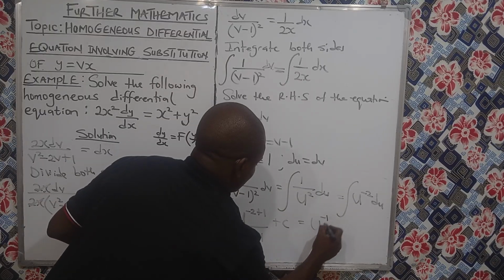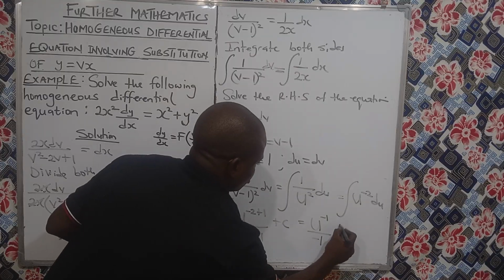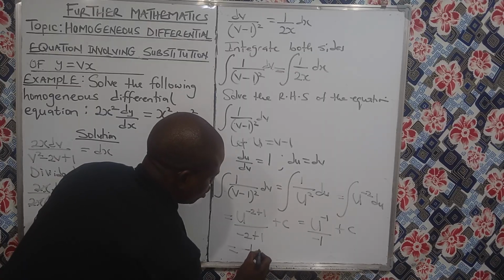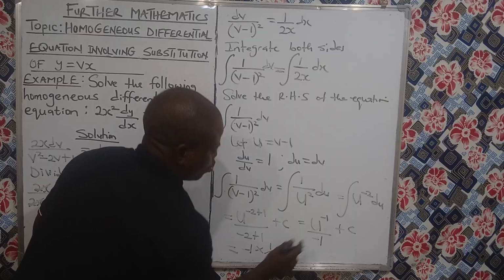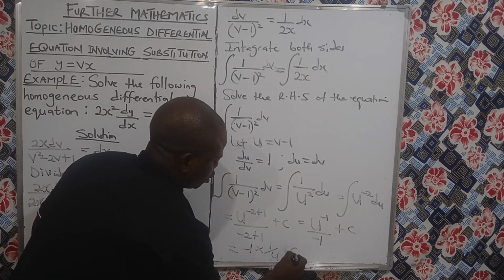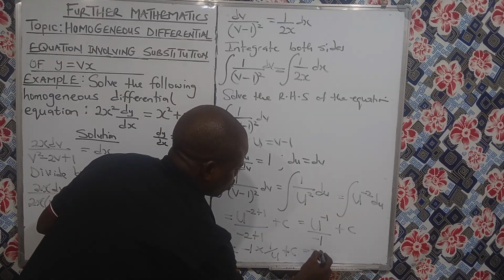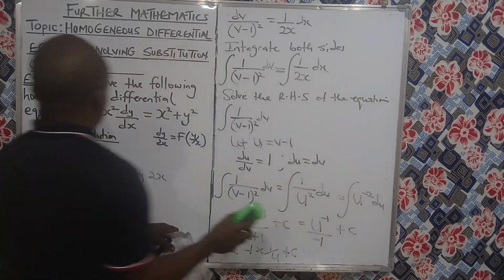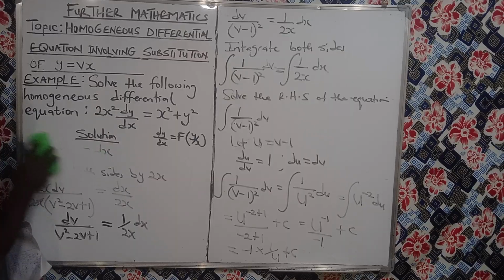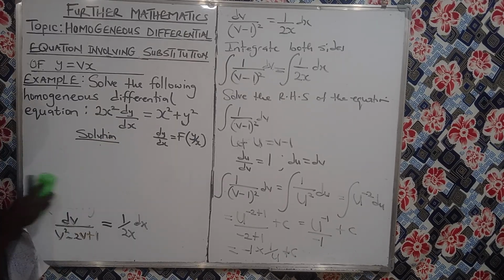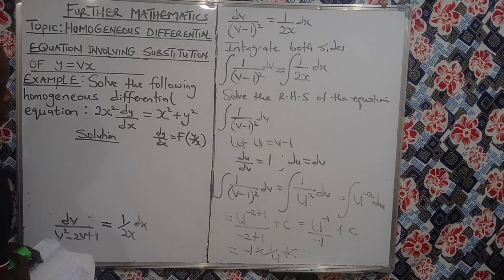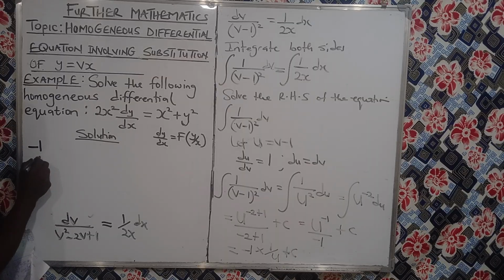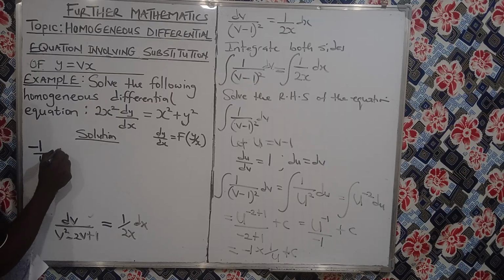Minus 2 plus 1 is minus 1. So u raised to power minus 1 over minus 1 plus c, which equals minus 1 times 1 over u, plus c, which is minus 1 over u plus c.